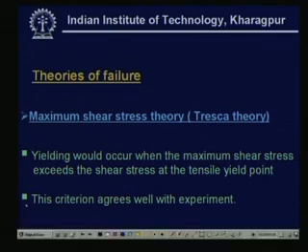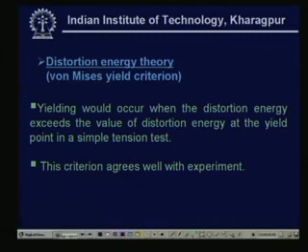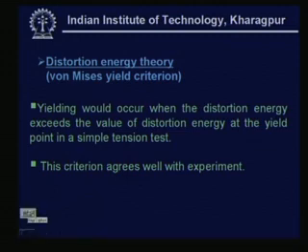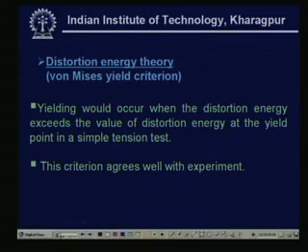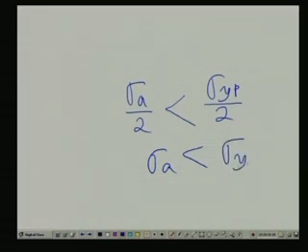So you remember, what we get is that sigma A by 2 should be less than sigma yield point by 2, or sigma A is less than sigma yield point.